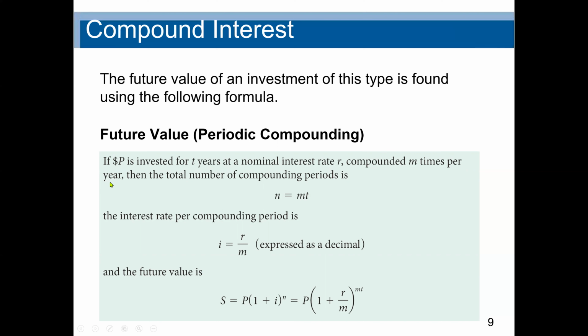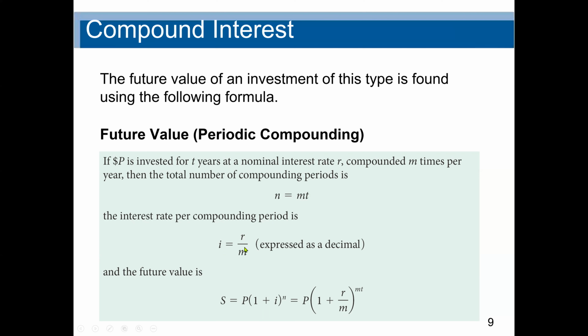So it can be semi-annually, quarterly, etc. The first thing that we need to do is to find the total number of compounding periods, which is N equal to MT. So when it's semi-annually, if it's 5 years, then 5 times 2, because semi is twice. Quarterly means we get 4 per year, so 4 times the years.